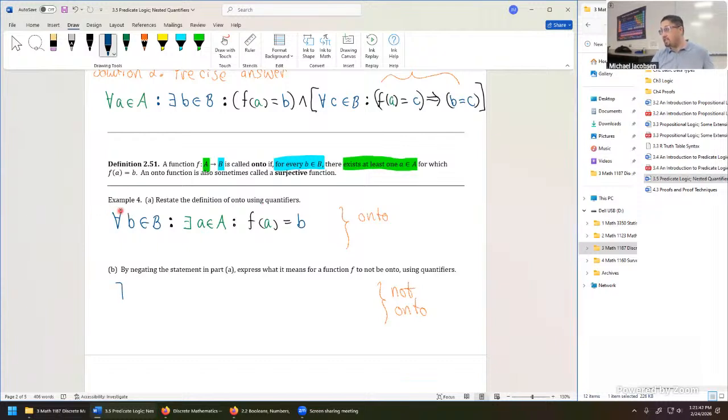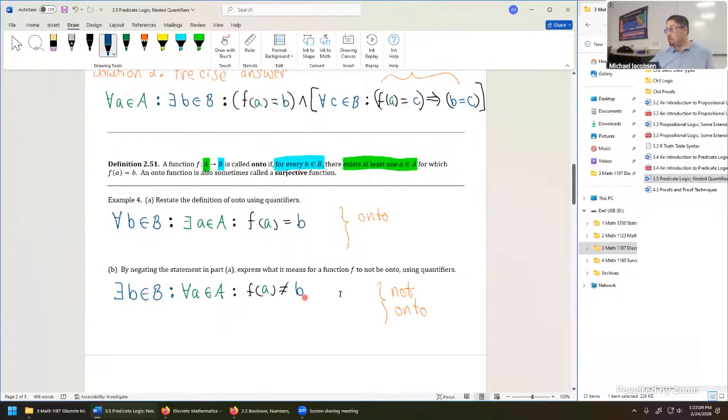So we'll go, there exists an element B in the codomain such that for every element A in the domain, F at A is not equal to B. So we did negation by flipping quantifiers, putting a not equals where we had an equality before.